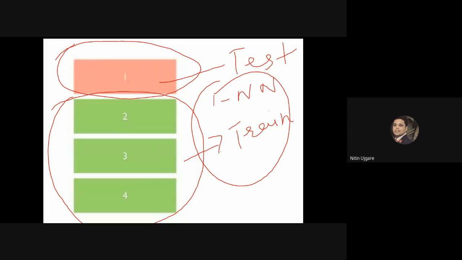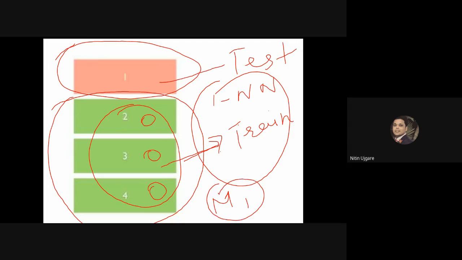I built the model M1 using the 1NN algorithm by training on the second, third, and fourth folds.